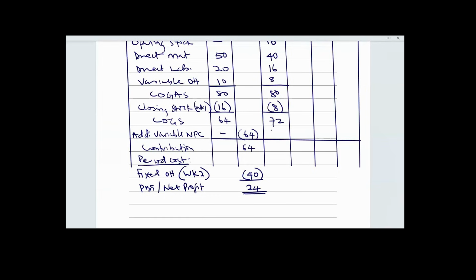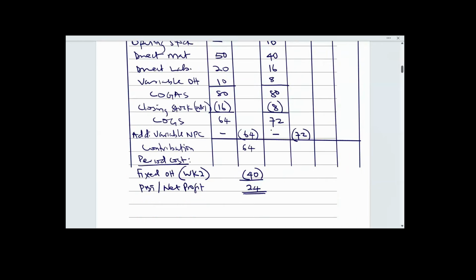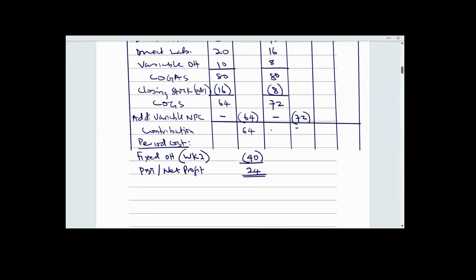Then you had variable non-production cost. Since we don't have any variable non-production cost, here will be 72,000. 72,000 minus 144,000 will give us 72,000. So that represents the contribution for the second period.